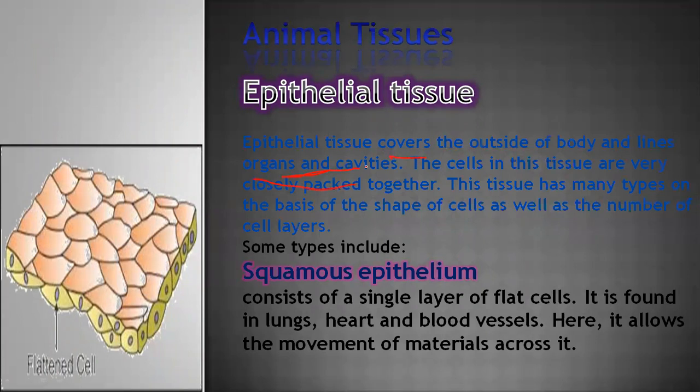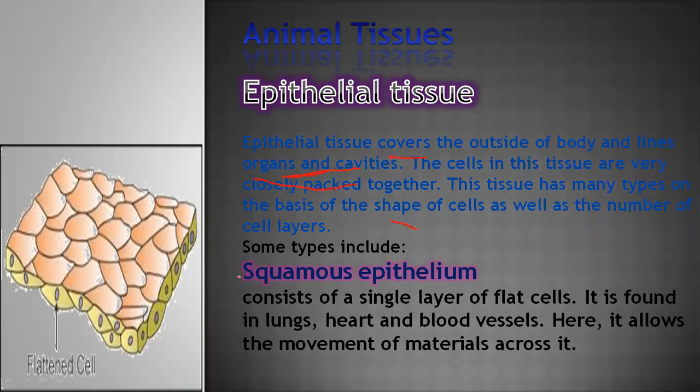The cells in these tissues are very closely packed together and they don't have any space among themselves, because they have to cover the whole organ of the body, like in the skin. That's why they are closely packed together.